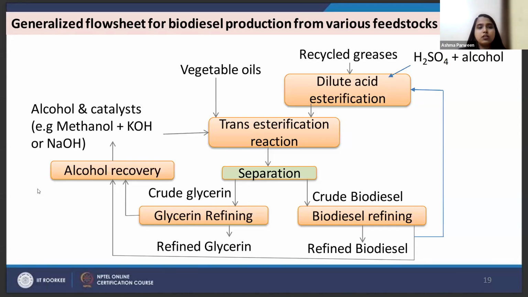Next is the generalized flow for biodiesel production from various feedstock. In a transesterification reactor, recycled grease is first pre-treated by dilute acid esterification, and then it is fed into the transesterification reactor, and then separation takes place.